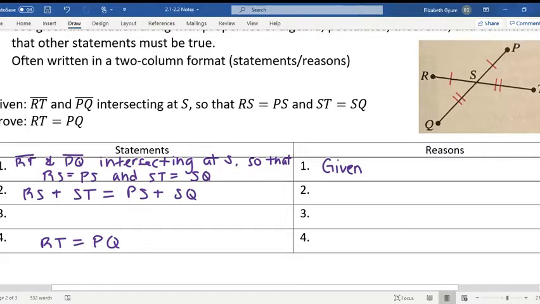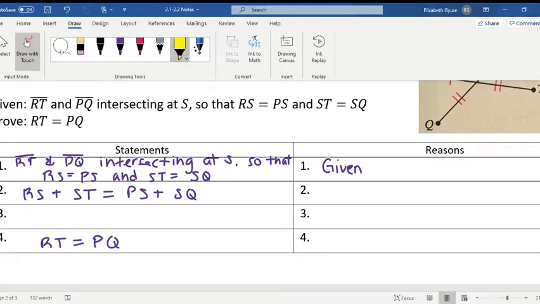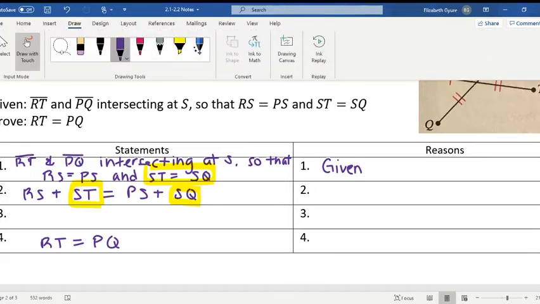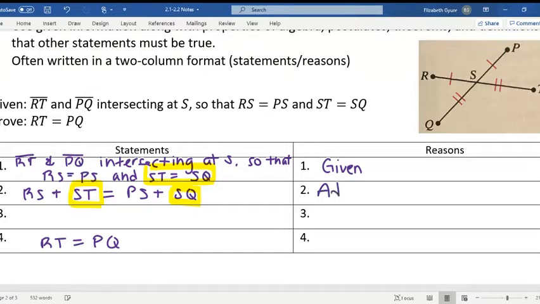I had some equivalent values up here, so I am allowed to add them to either side of my equation. So I added these to either side of my equation that RS equals PS. I'm adding something to both sides, so that is the addition property.